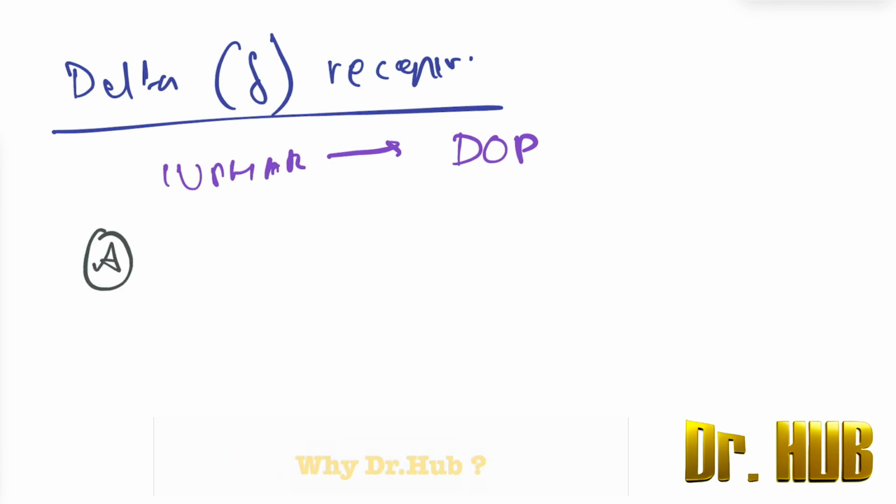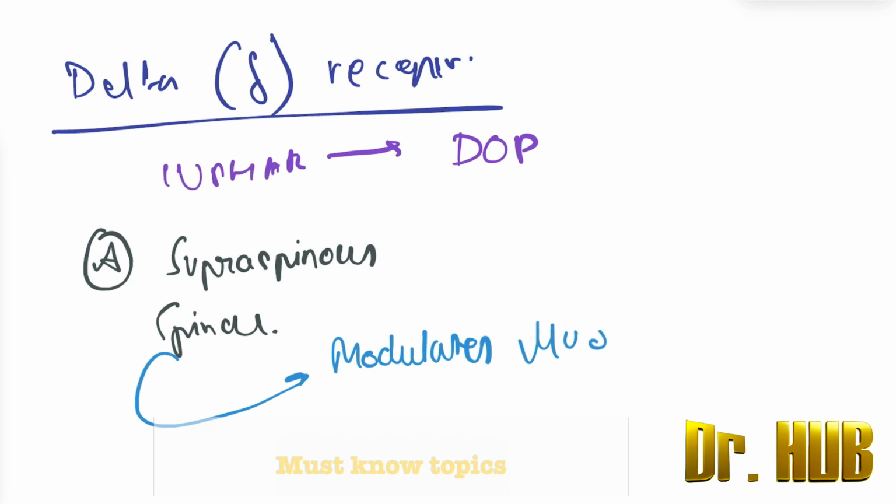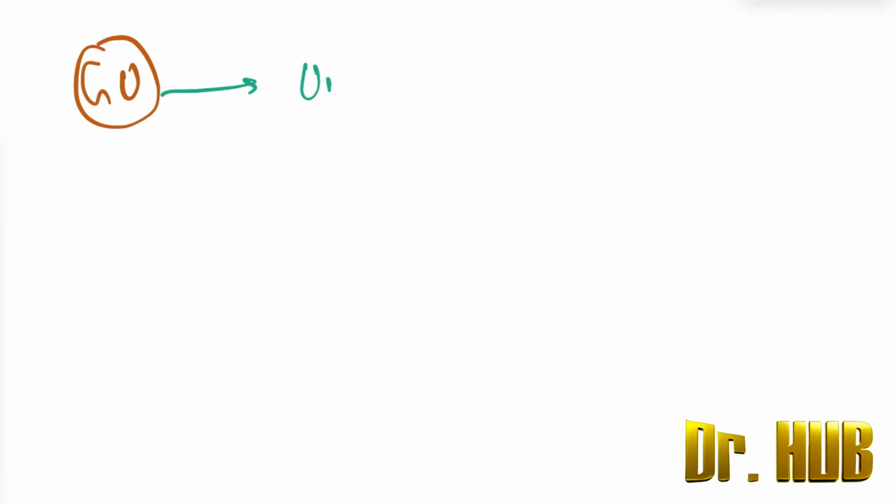It is supraspinal as well as spinal, and it modulates the mu receptor activity. The cardiovascular, respiratory, CNS, pupil and gastrointestinal effects are not significant. In the genitourinary, urinary retention is seen.